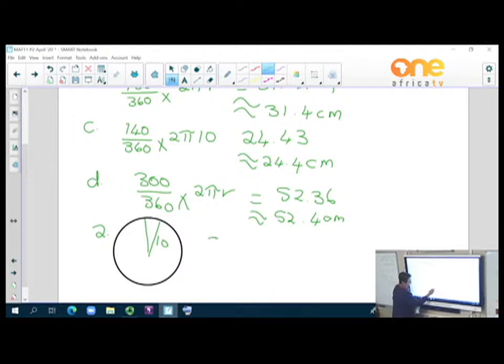So there we have to calculate the 5 minutes out of 60, because we need to find that angle. Can you see? That's what we want, that angle. It's then the 5 minutes out of 60 minutes.